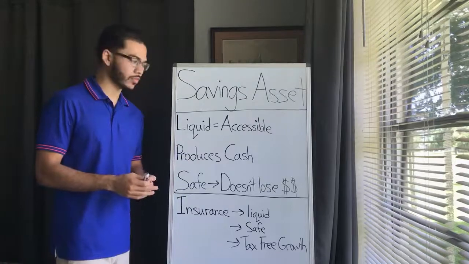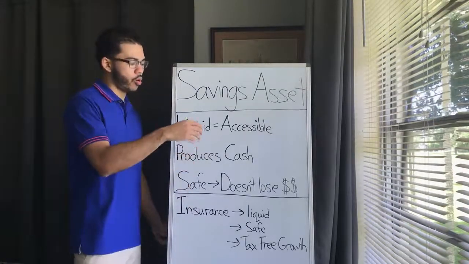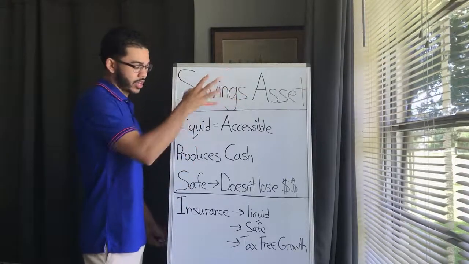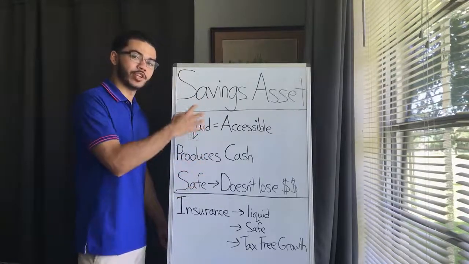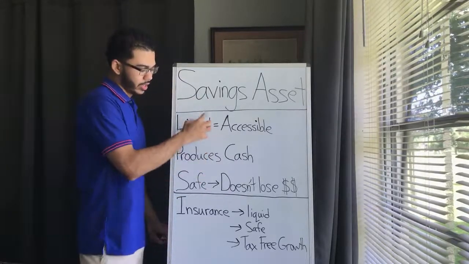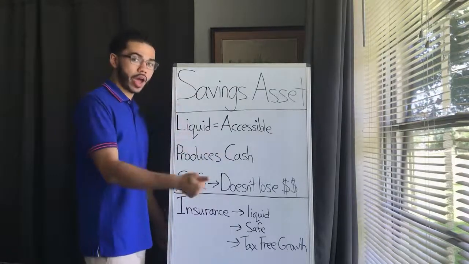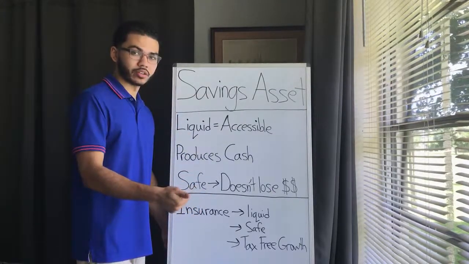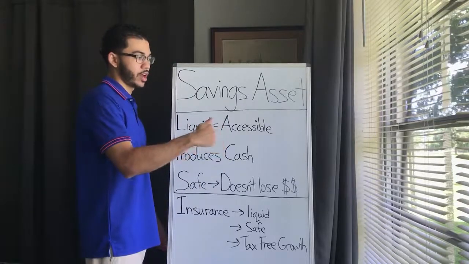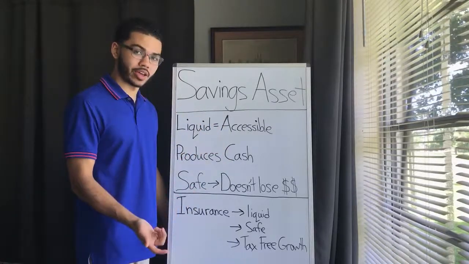Now that we know what a savings asset is, meaning the definition of it, the three components that it needs to have, we know why we need it. It's for protection. Now, how can it change your life?